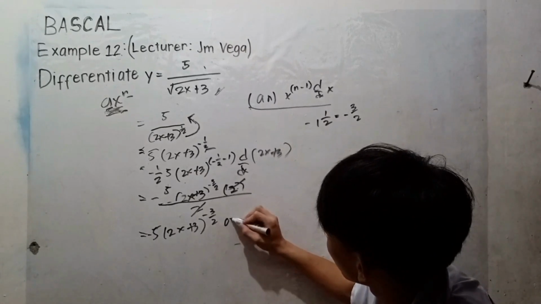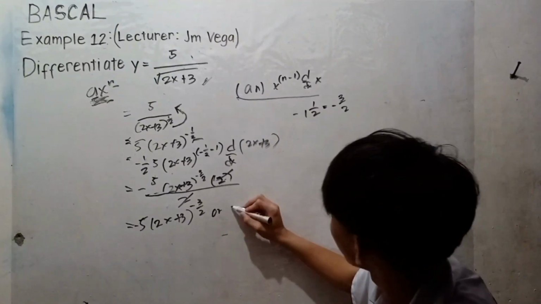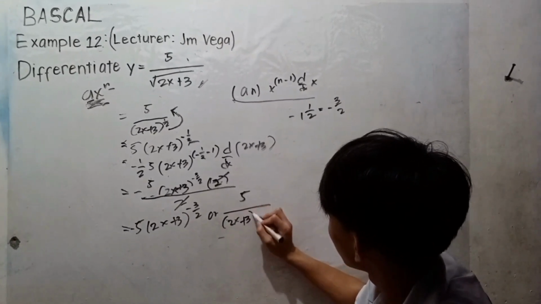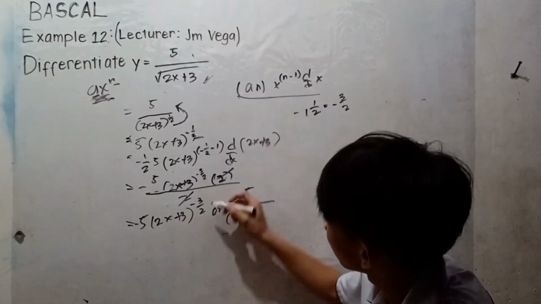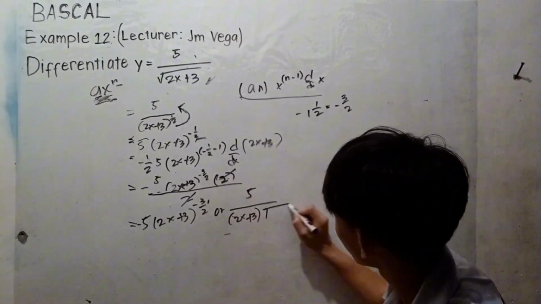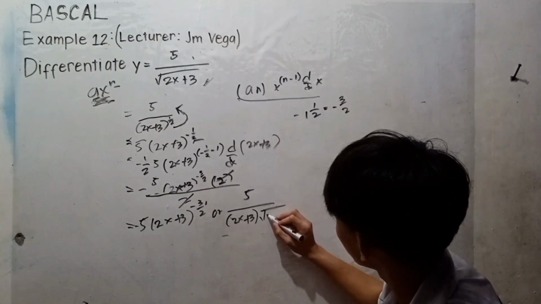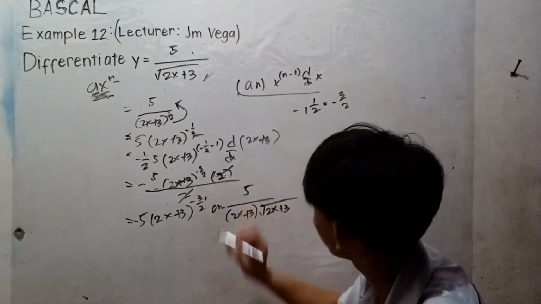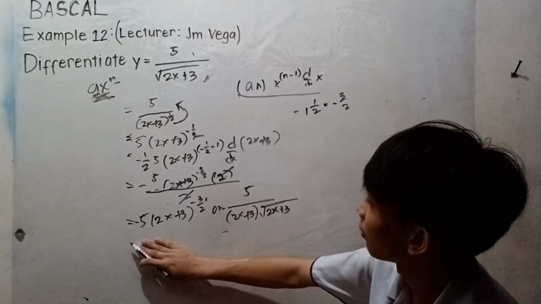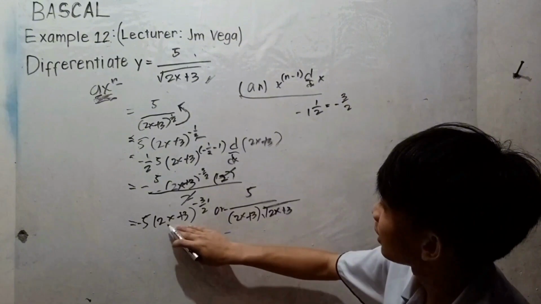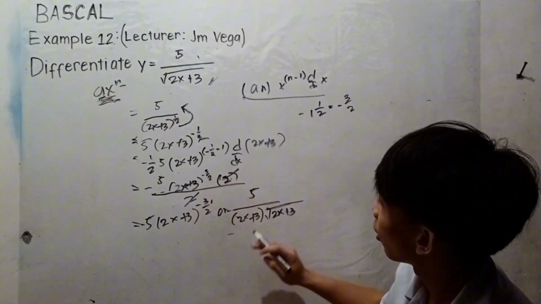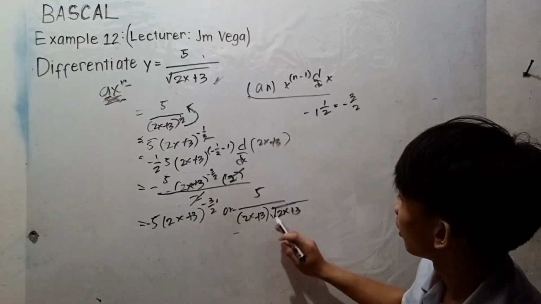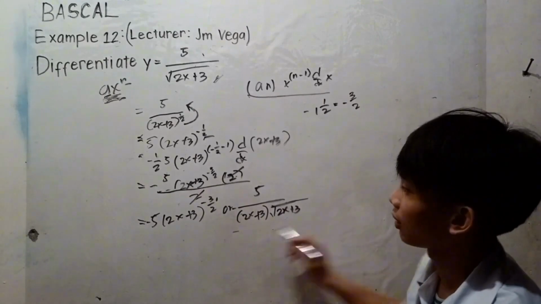And we can also express it as 5 over (2x plus 3), since this exponent can be expressed in this form. So the answer is negative 5 times (2x plus 3) raised to negative 3 over 2, or negative 5 over (2x plus 3) times the square root of 2x plus 3. That is the answer.